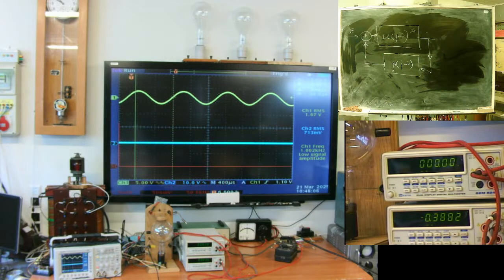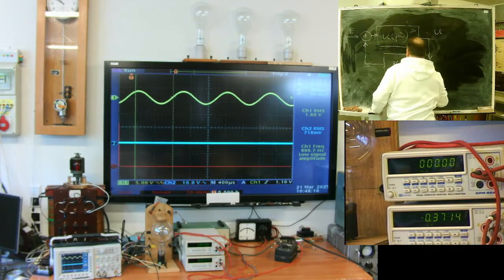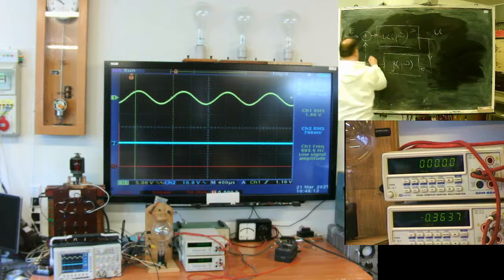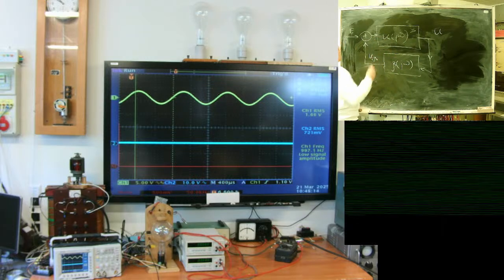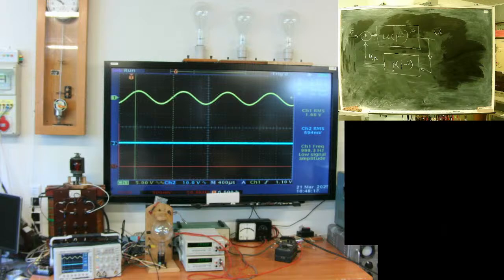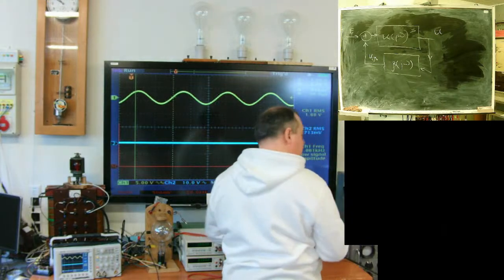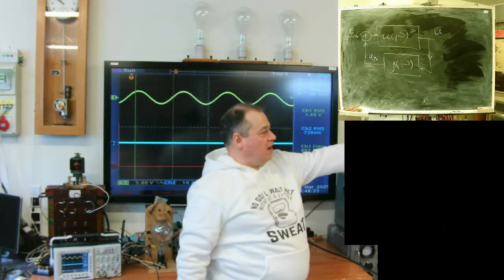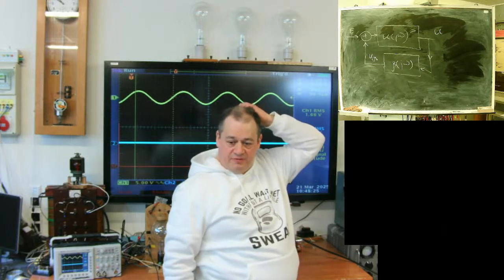System with feedback. Output, let's say. And here at the output I have something like a return path. This lower one is a feedback. Feedback circuit.